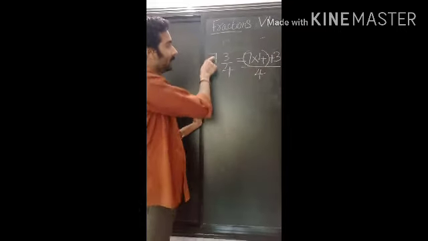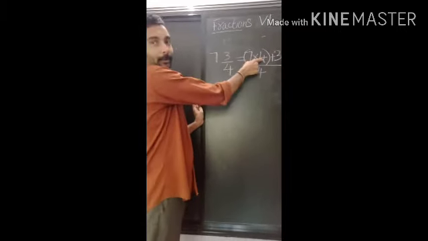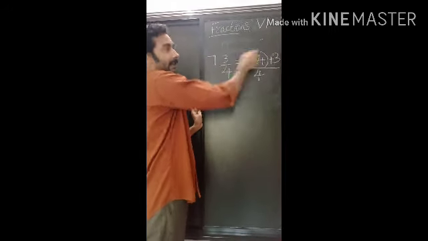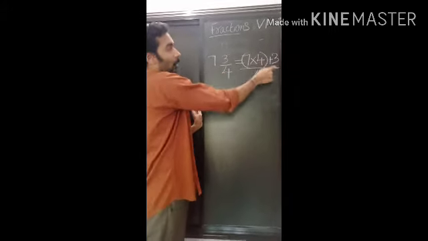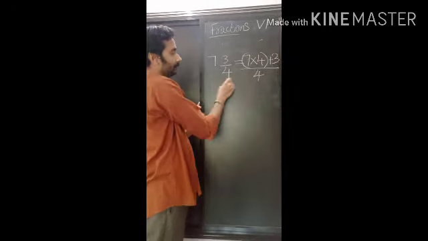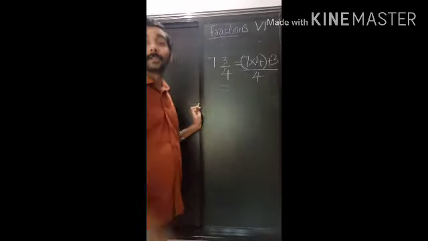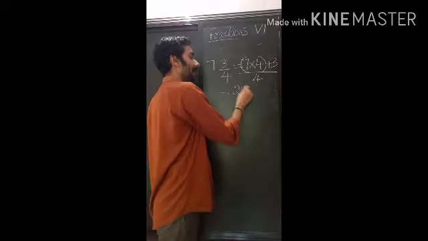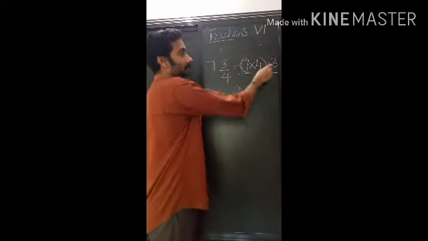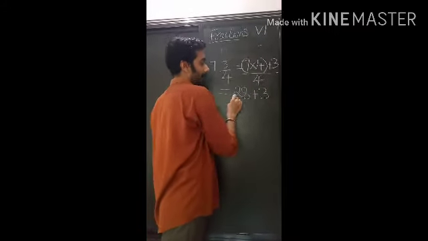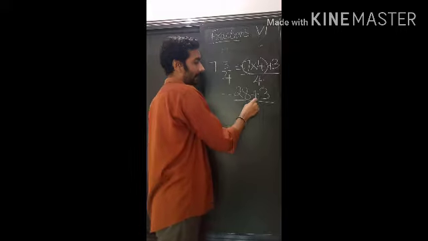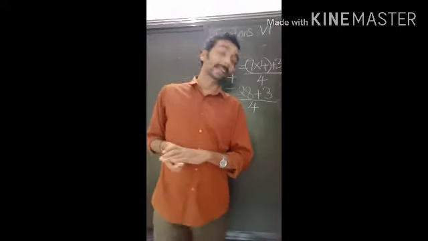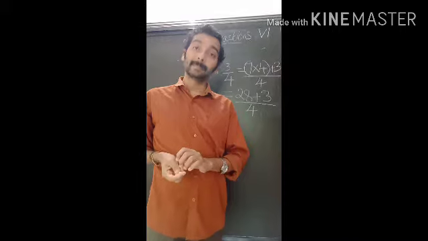First we multiply 7 into 4, which is 28, plus 3, the whole divided by 4. 28 plus 3 is 31.